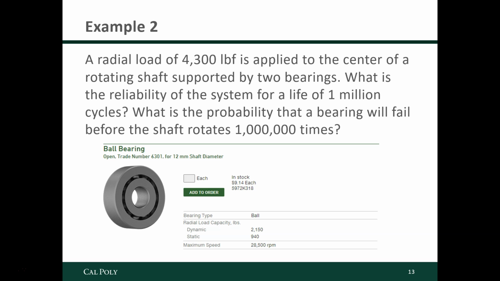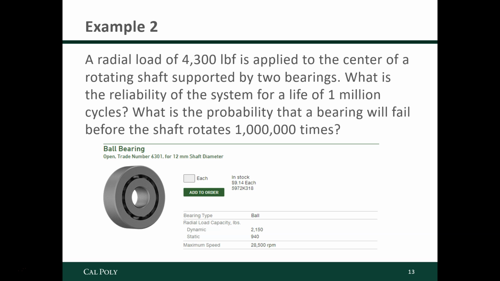So we've specified the load, we've specified 1 million cycles, and we're interested in now the reliability of the system, or what percentage of the cases, if we did this 1 million times or 1 billion times, would the system survive under these conditions for this life?